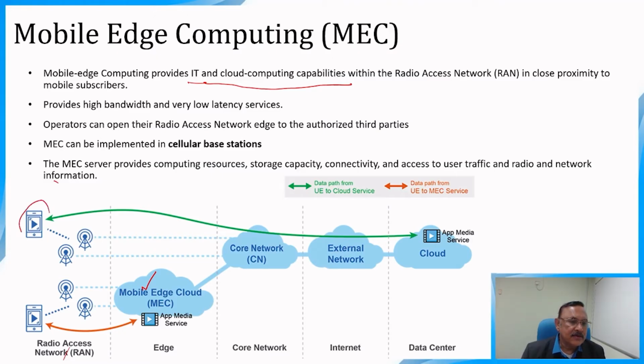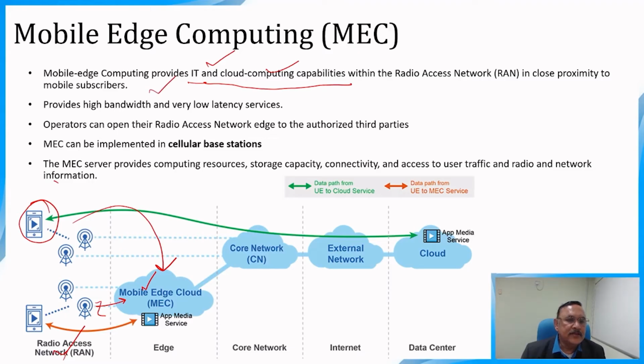You can see that this is the mobile subscriber, and in close proximity it provides the edge, that is the mobile edge cloud, which provides IT and cloud computing capabilities with the help of the radio access network, in close proximity to the mobile subscribers.